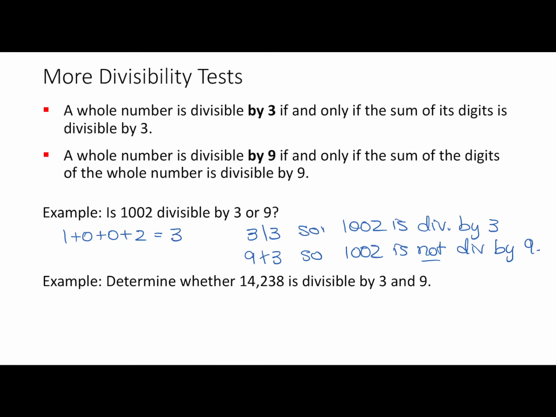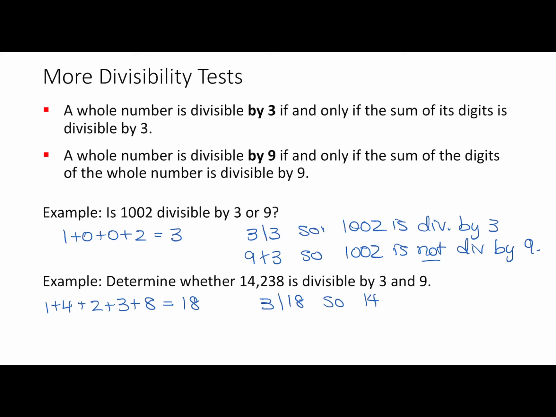All right, what about 14,238? Again, I just want to add up the digits. 1 plus 4 plus 2 plus 3 plus 8. I get 5, 7, 10, 18. Okay, well 3 does divide 18, right? 3 times 6 is 18.